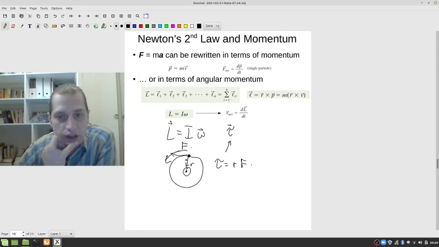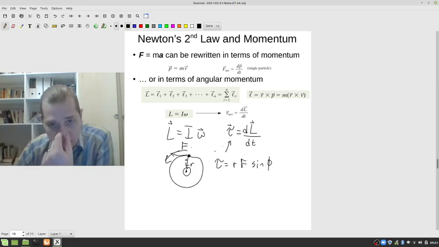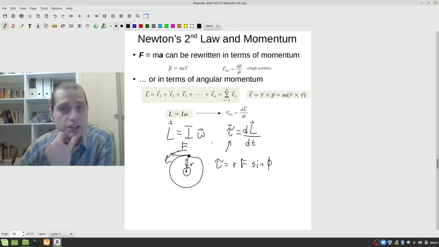So the amount of torque tells you how much your angular momentum is changing per unit time. So this is essentially a rewrite of Newton's second law.